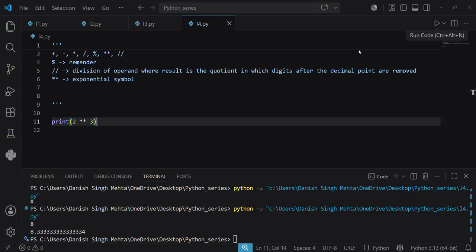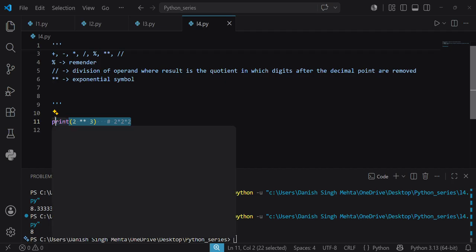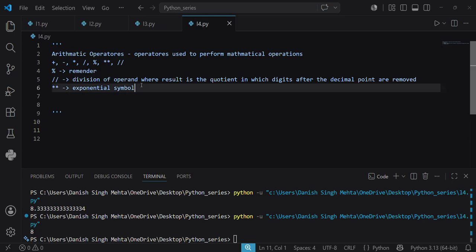Because if we multiply 2 into 2 into 2, this is 2 to the power of 3. Its result will be 8. So this is the meaning of exponential symbol. So these all are the arithmetic operators.